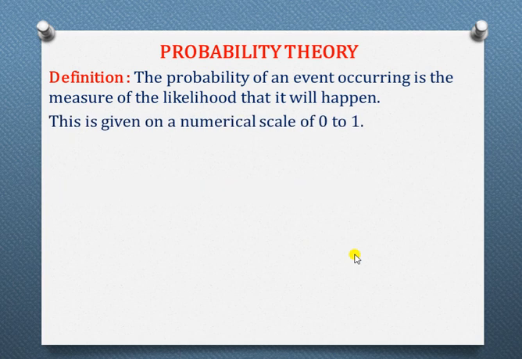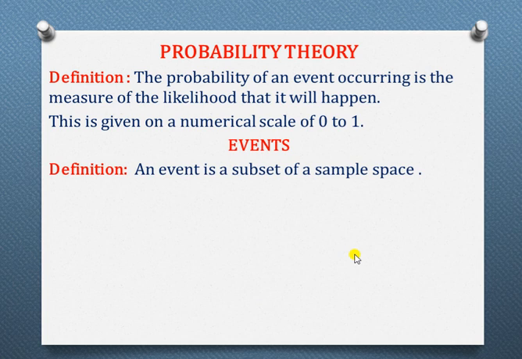We need to all understand that probability is always given on a numerical scale of 0 to 1. What does this mean? It means probability only ranges from 0 to 1, implying that we don't have negative values for probability and we don't have any value greater than 1 representing probability.